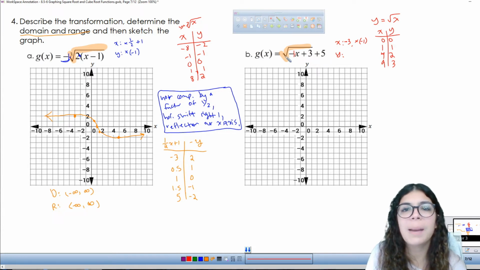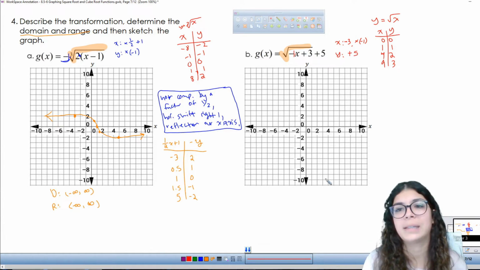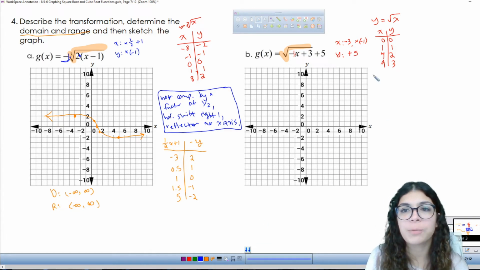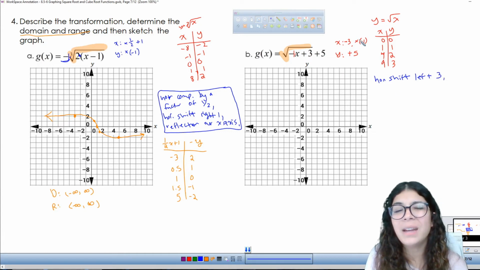Okay, and then what's happening on the outside? Well, nothing's multiplying, but we are adding 5. Everything with y is exactly as you see it. So add 5, boom, just like that. Okay, let's write the description. Again, start with x. So -3 first, which means that we will horizontally shift left 3, then multiply by -1.